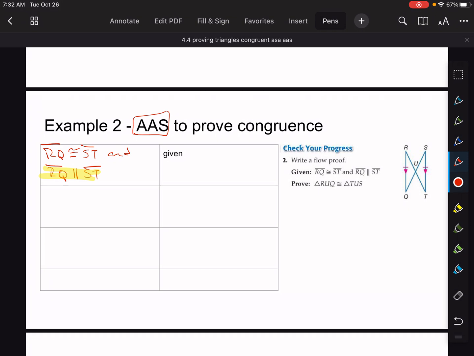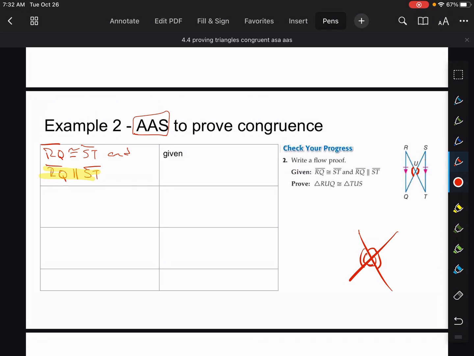But first of all, let's do something that we should be very comfortable with now. If you have two lines that cross, any two lines that cross, remember that they create these congruent angles. Those are called vertical angles, right? So if you look at our picture here, notice we have that, right? Right here, we have two lines crossing.